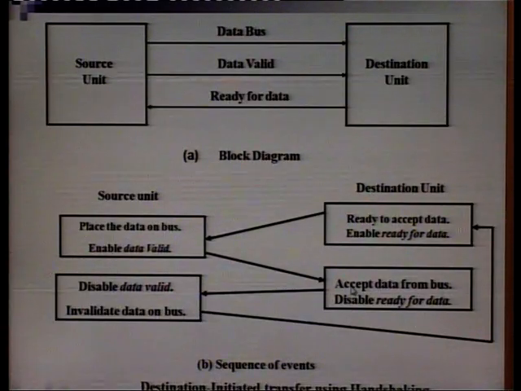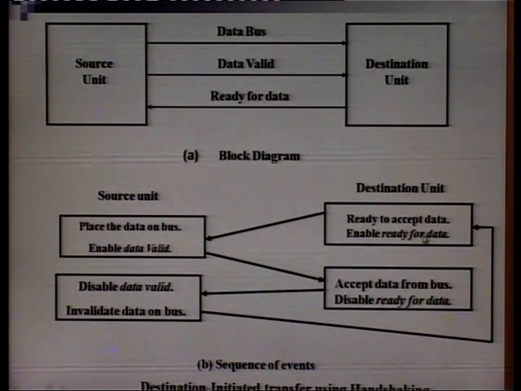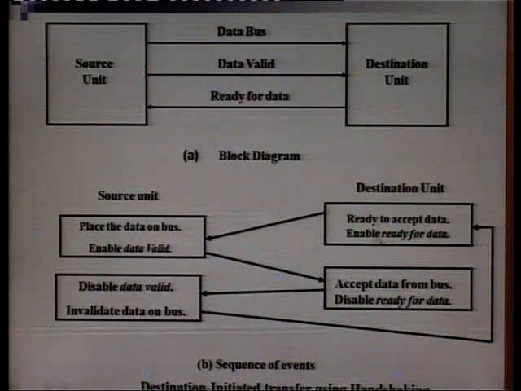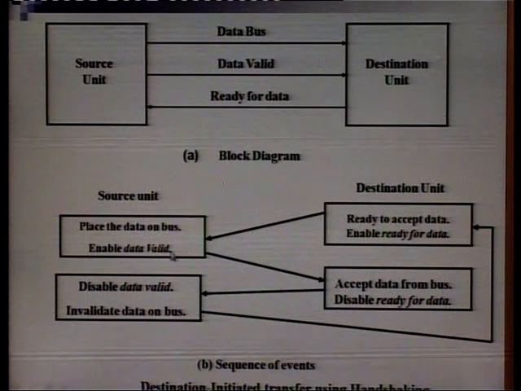In this particular event, the initial state will be the destination unit. The destination is ready to accept the data, enables the ready for data signal and sends it to the source unit. The source unit places the data on the data bus and enables the data valid signal.